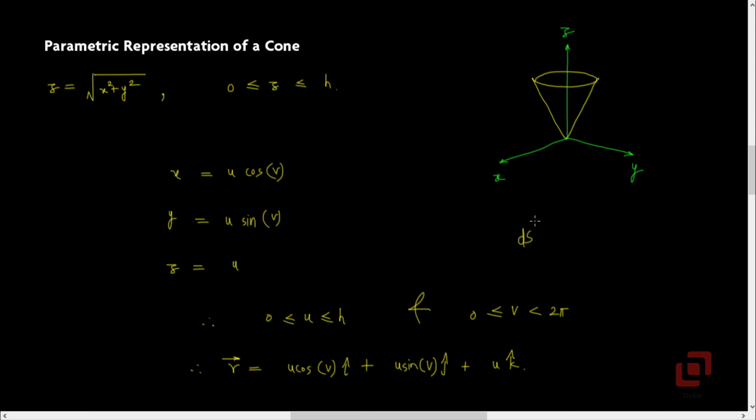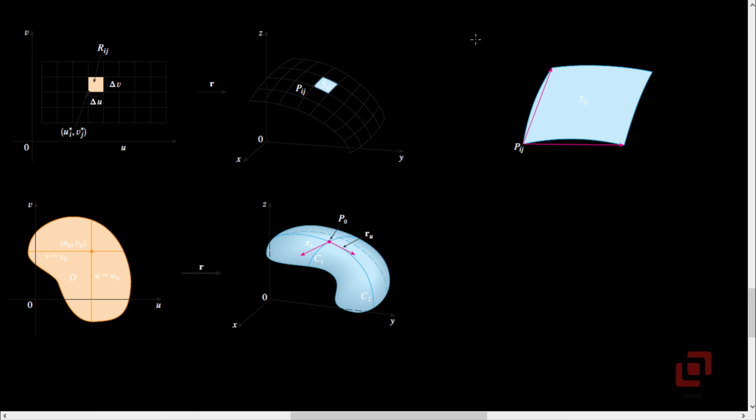We are now set to obtain an expression for the elementary area dS using the parametric representation of the surface. For simplicity, we consider this rectangular domain in the UV plane, which is mapped to this particular smooth surface in R3.